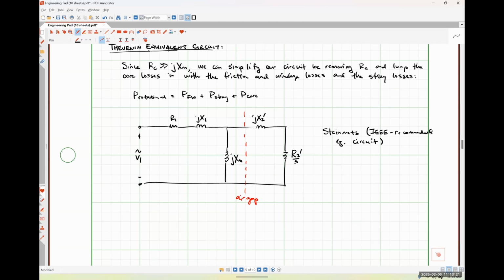Okay. Now, we are going to simplify this further by applying Thevenin's theorem to make it a little bit easier to manage.